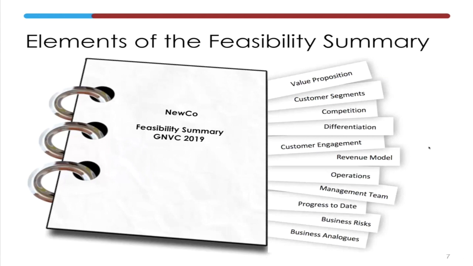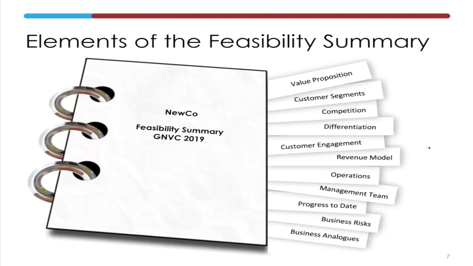So the things that you want to cover in that feasibility summary are all of the basic things that you want to cover in a business plan. You just do it at a less rigorous, less researched level. You'll notice that the major thing that's missing from the feasibility summary are detailed financials.